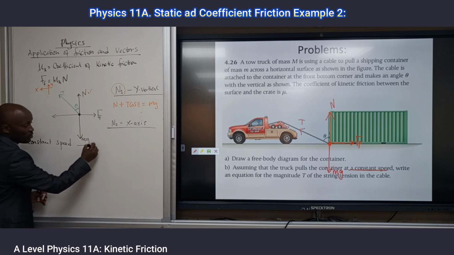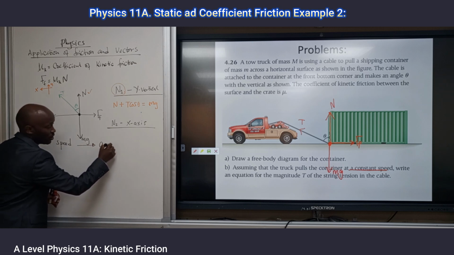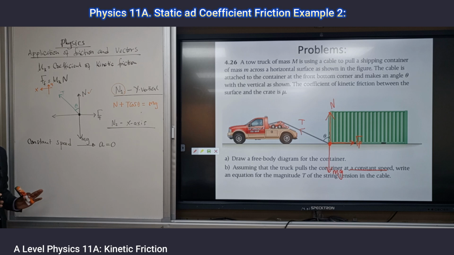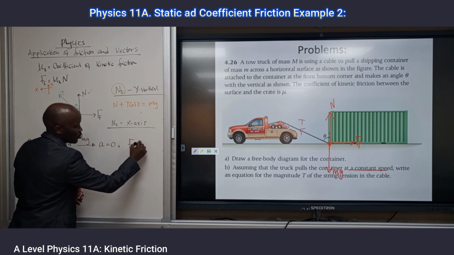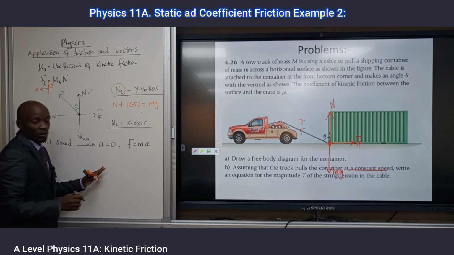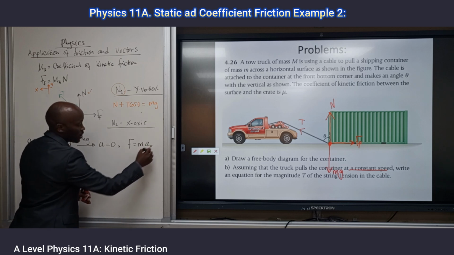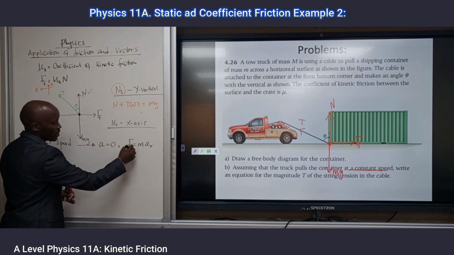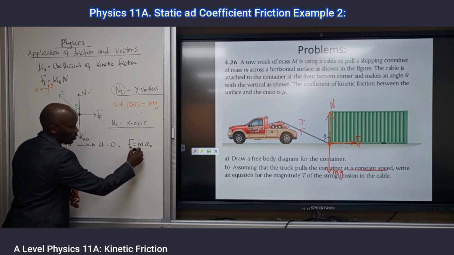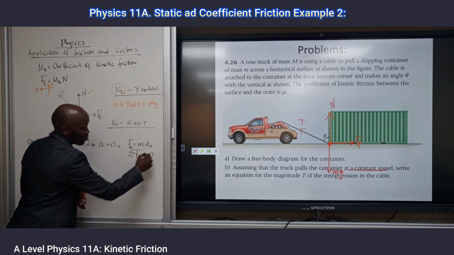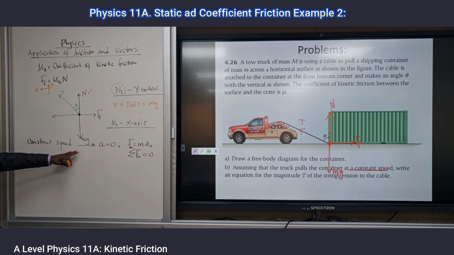So the acceleration is equal to 0. Our formula F equals ma illustrates Newton's second law along the x-axis, and F is the net force. So the net force here will be equal to 0, because there's no acceleration.